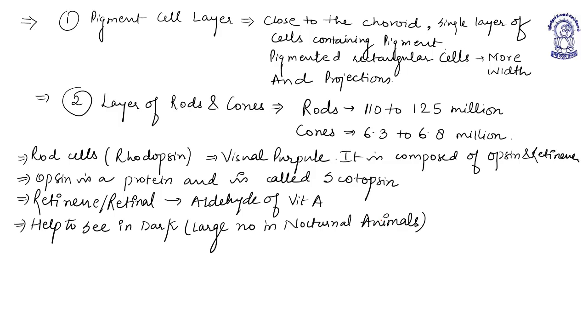The photosensitive pigment in cones is of three types.